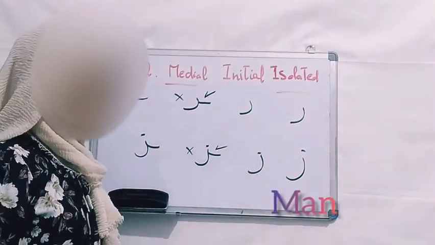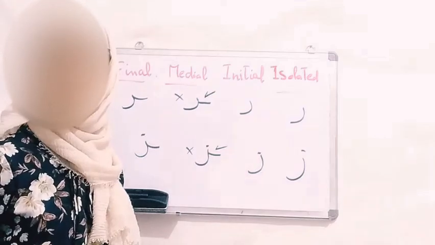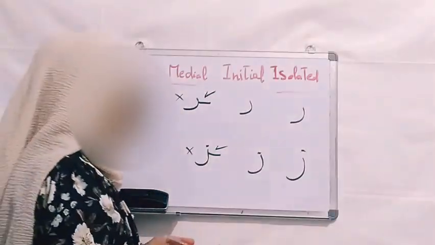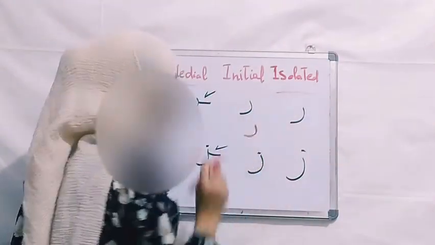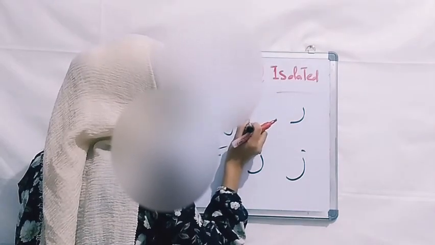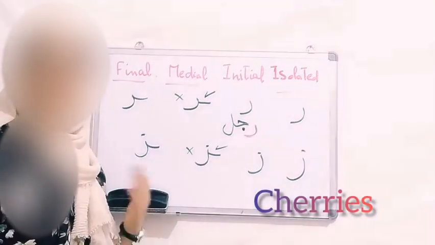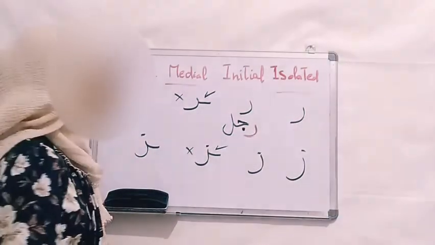And let's take an example. Ra, in the initial form, we have rajul. Rajul means man. As I told you, it doesn't connect after in the initial form. And in the middle form, we have karaz. Karaz means cherries.